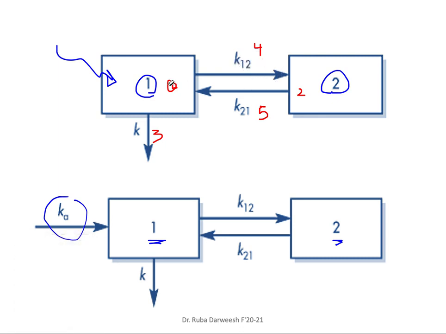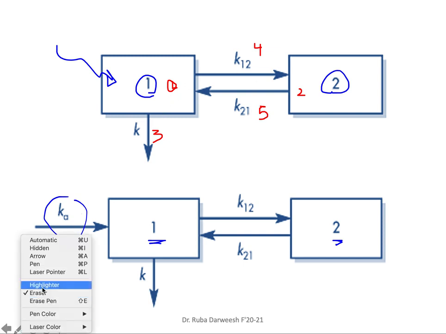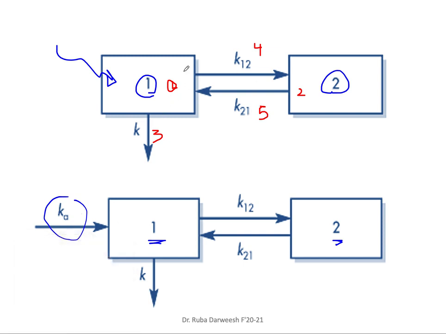It's from the first to the second, and here distribution from the second to the first compartment. Okay, so we have one volume distribution for the first compartment, a second volume distribution for the second compartment, elimination rate constant 3, distribution rate constant 4, another distribution constant 5.